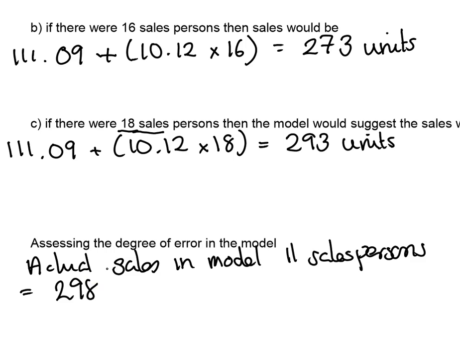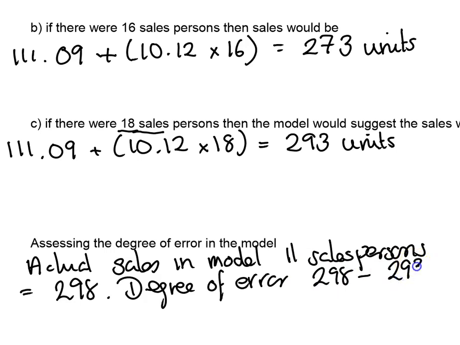We've got a degree of error. So our degree of error, 298 minus 293, and that is a degree of error of 5.